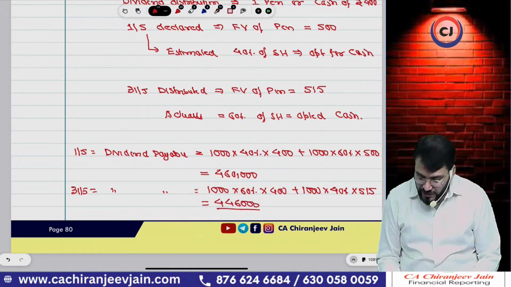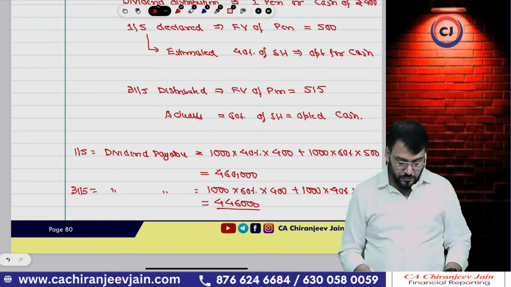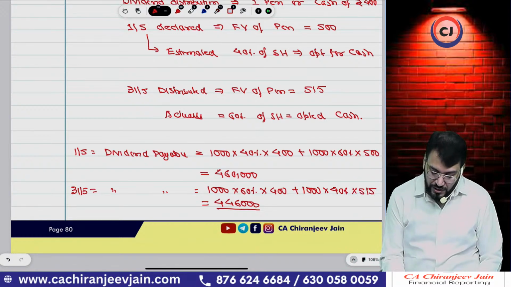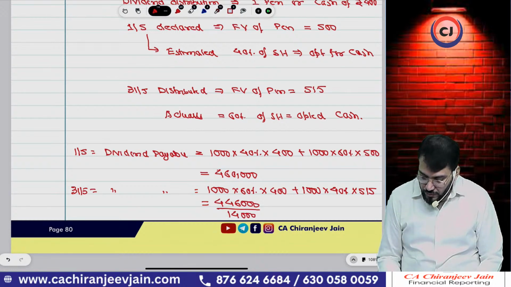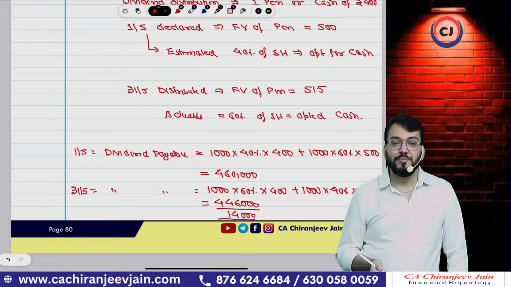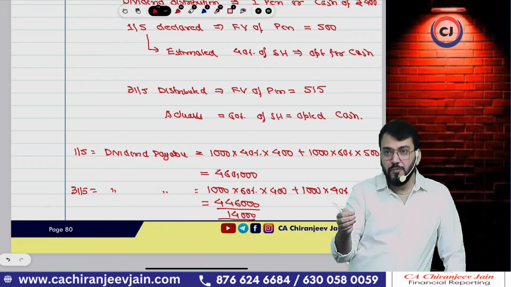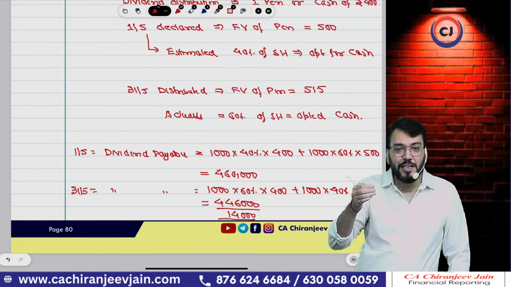So how much decrease? 14,000. So we'll pass one journal entry: dividend payable account debit to retained earnings.